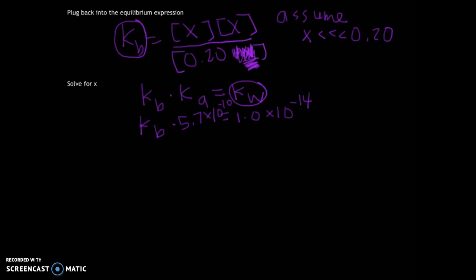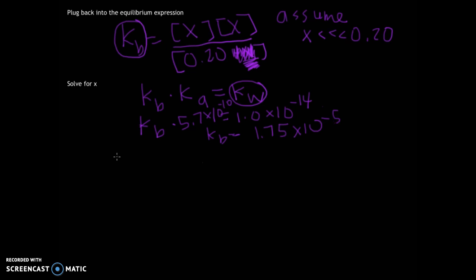And I get Kb is 1.75 times 10 to the negative 5th.